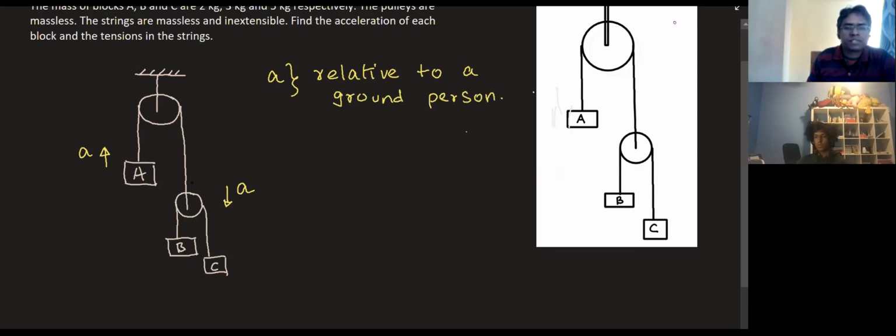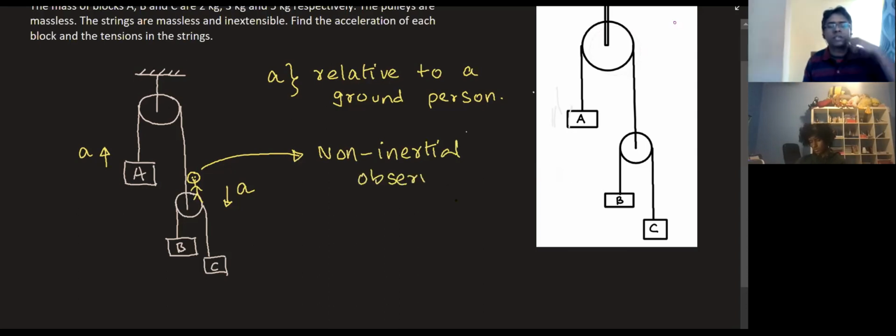Now, if there is an observer standing on this movable pulley, so I always assume that there is an observer standing on the movable pulley. This observer is a non-inertial observer. You understand this? So this guy is a non-inertial observer. Now, the accelerations of B and C are better first expressed in terms of what this observer sees.